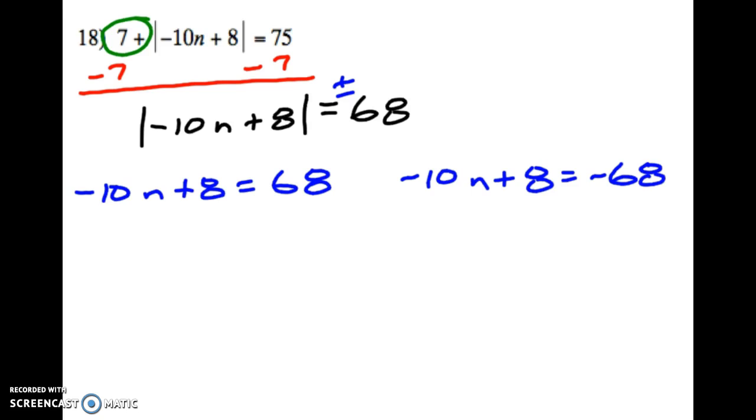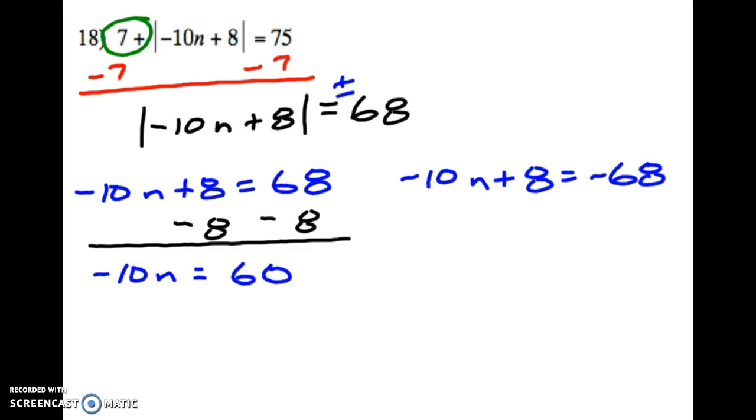So let's do the math. Subtract the 8. Divide by the coefficient. So we should be getting n equals negative 6 for that one.